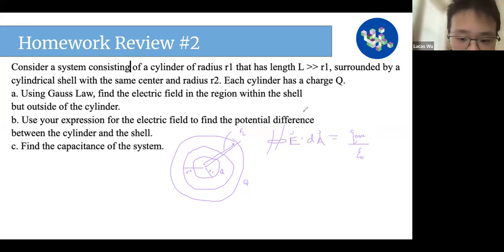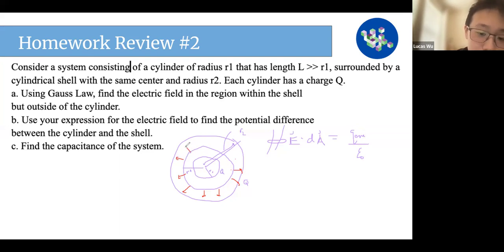If we look at this situation, we have a cylinder that encloses another cylinder. By symmetry, I know that the electric field at the position of our cylinder will be pointing radially outwards, all the way around the cylinder.